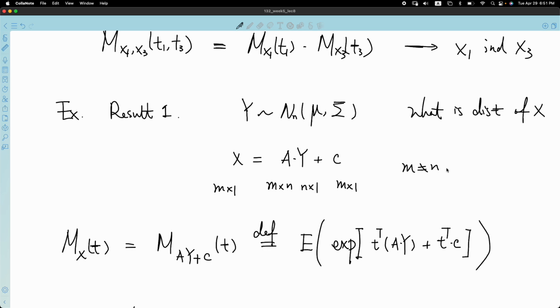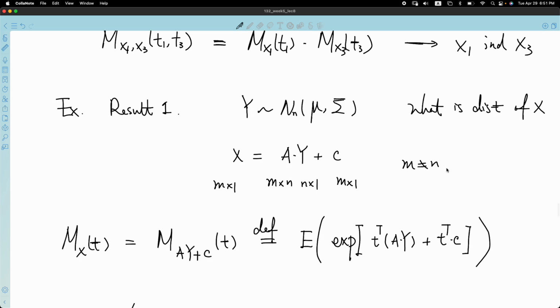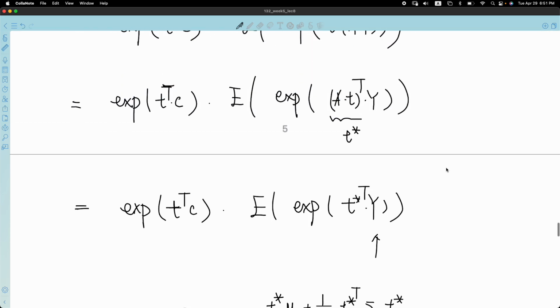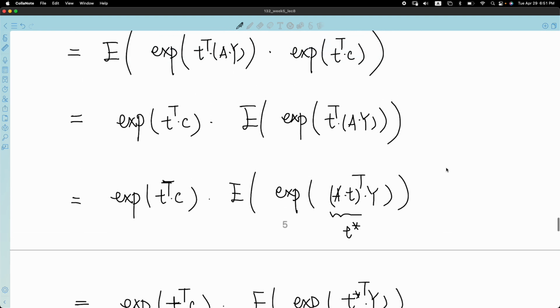I see, but you group A and t together with a transpose in the parentheses. Then let's check the dimension. Good question, let me double check.